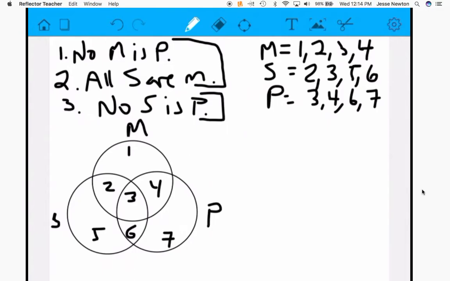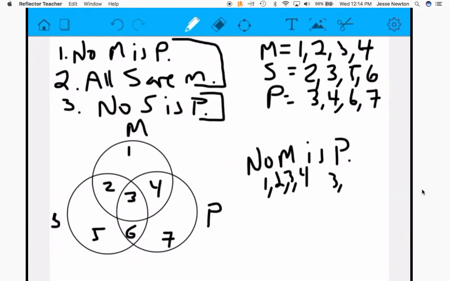diagram the combined premises is we just start and we diagram, let's say, number 1. No M is P. And I'm writing this over here so you can see it. Now, as I say up here, M is 1, 2, 3, and 4. And P is 3, 4, 6, and 7.